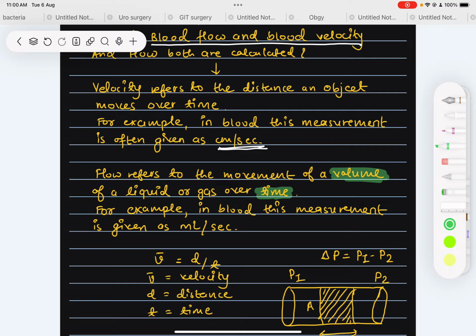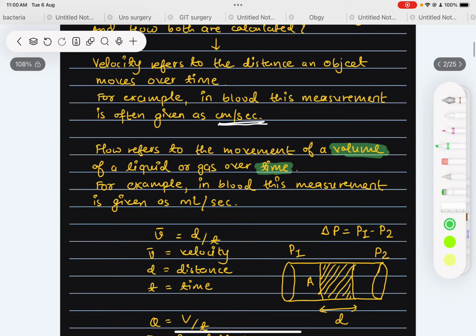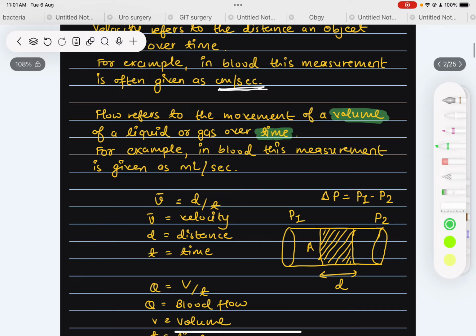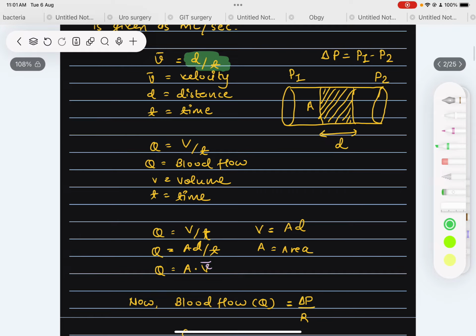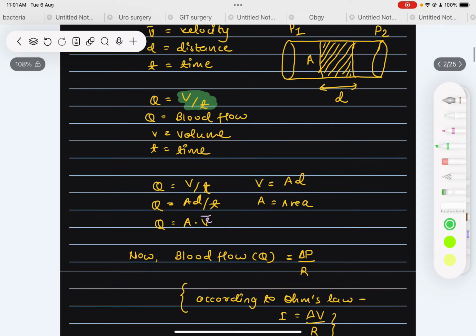Velocity was kind of a one-dimensional concept, how much distance you cover, and in this, how much total volume of blood has moved in unit time. So velocity is distance per time, and flow is the volume of blood that travels over time.